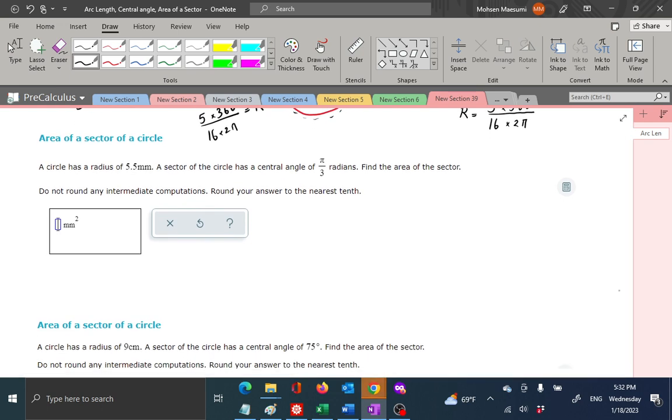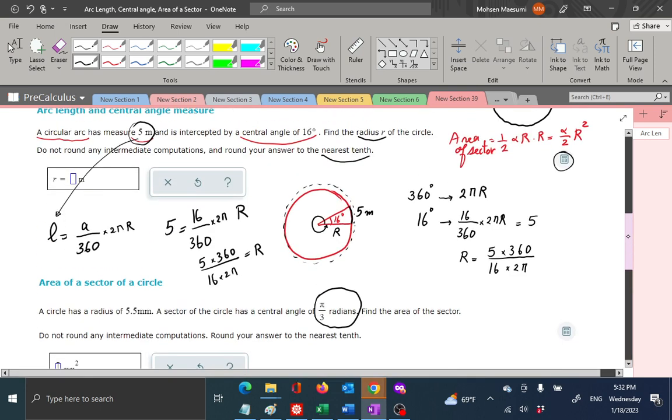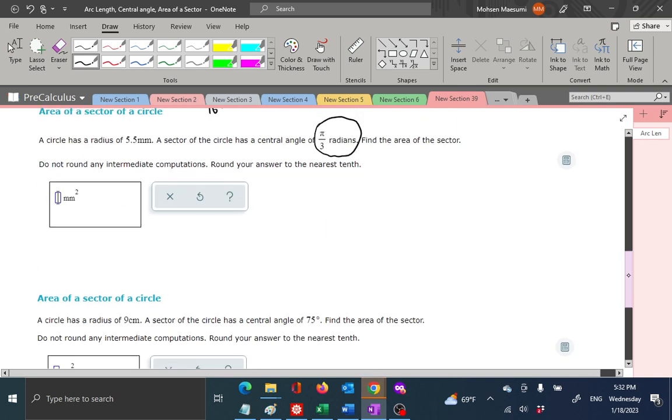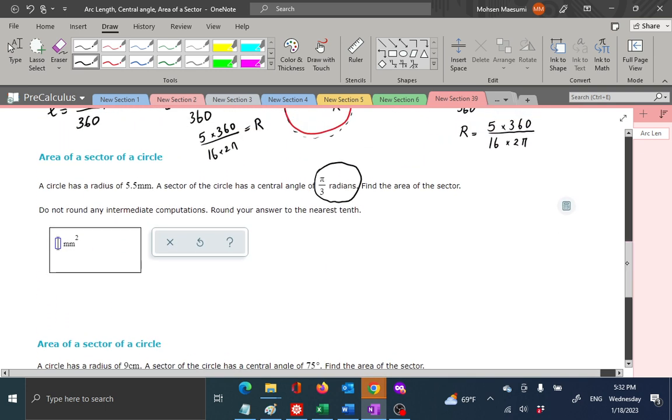Here is another version of this problem, except that the angle now is given in radians. So let's go and practice that one. This is about area of a sector. So let's do an area of a sector problem.